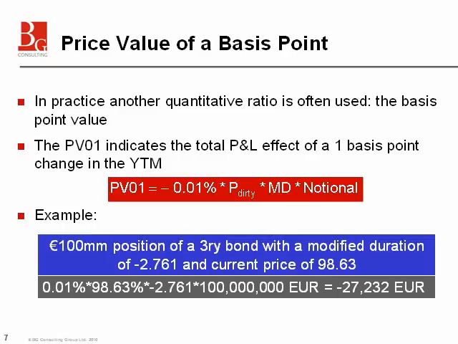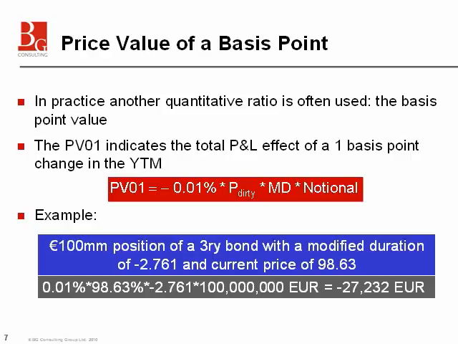You own a 3-year bond with a face value of 100 million euros that currently trades at a price of 98.63 with a modified duration of 2.761. How much will you lose if yields rise by 1 basis point?